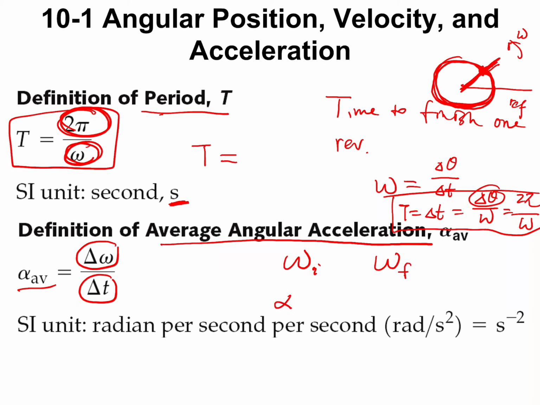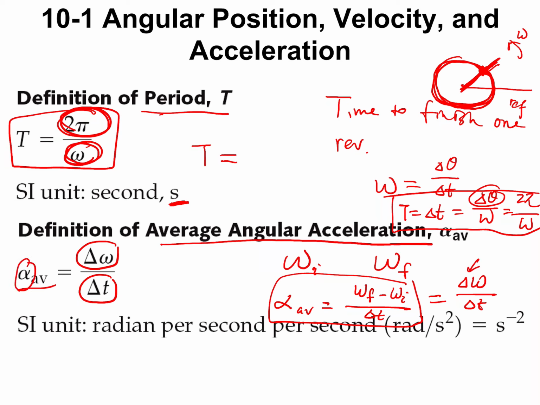Average acceleration equals final angular velocity minus initial, divided by time. So this is equal to delta omega over delta t. Delta in physics always describes the difference, final minus initial. This is the average angular acceleration. We use alpha, since in almost all angular quantities we use Greek symbols.